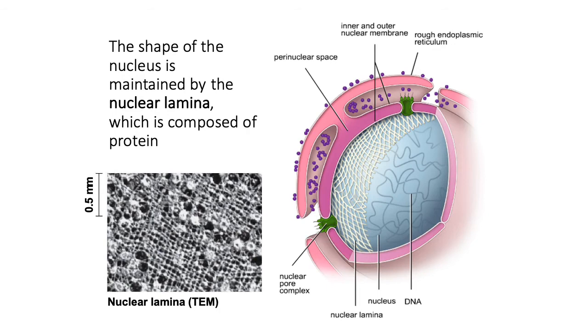So remember, membranes are kind of flexible and wobbly, and so you want to have a kind of rigid structure on the inside that helps keep that nucleus from collapsing in on itself. It's making me think of when you do paper mache and you start with a wire structure on the inside. It's kind of like that. It's that interior structure.